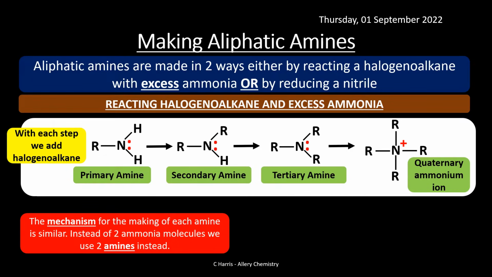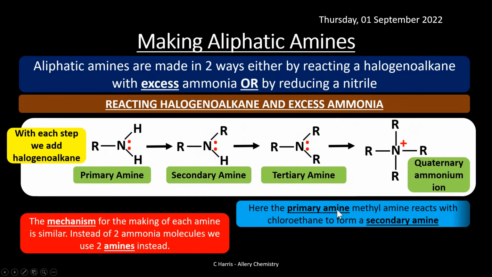Instead of using 2 ammonia molecules as we saw in the previous mechanism, we're going to use 2 amines instead. That primary amine still has a lone pair of electrons. If anything, it's a more powerful nucleophile than the other ones. So this can go in and attack a halogenoalkane and form a secondary amine, and then that can react with the halogenoalkane and form a tertiary, and then a quaternary.